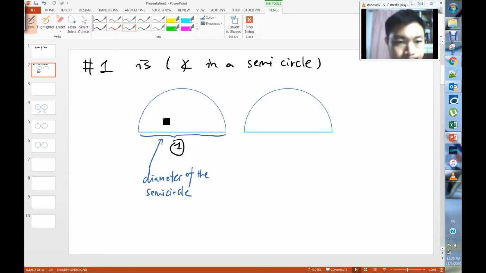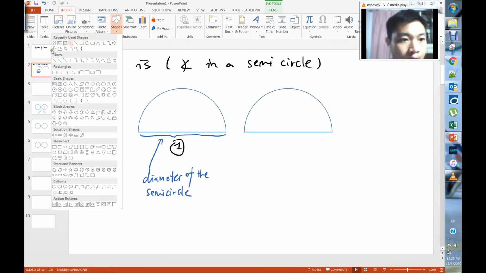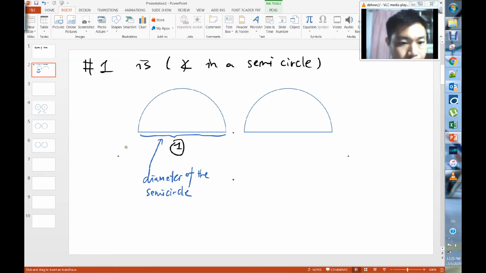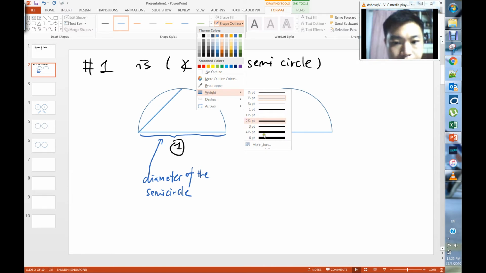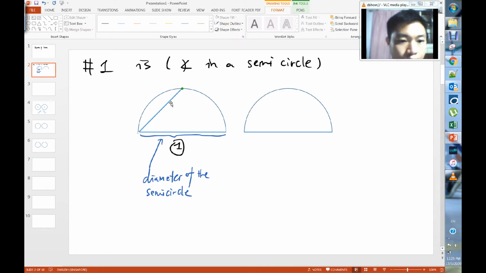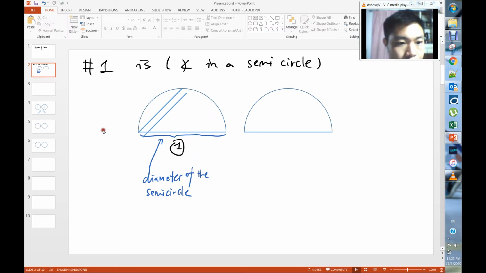And if you want to form a triangle, let me make this line thicker. If you want to form a triangle inside this semicircle, we get one more line.